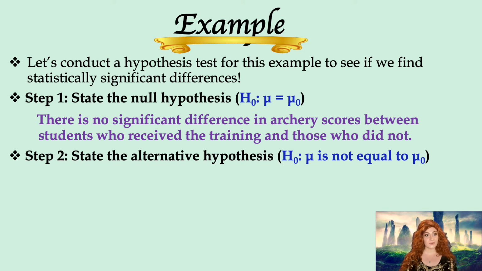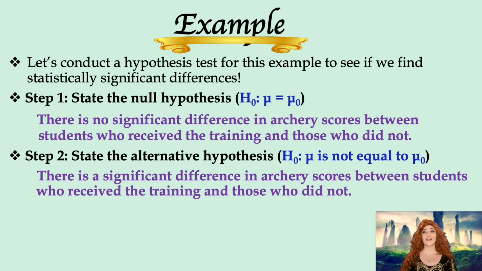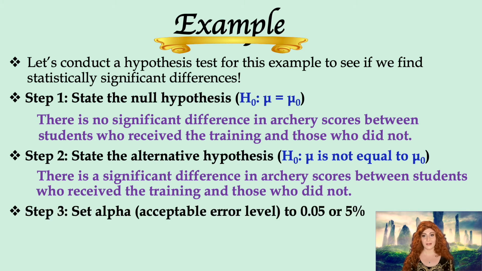So the alternative would say that the groups are not equal. In other words, there is a significant difference in archery scores between students who took my training and those who did not. Step 3 doesn't really require anything on the researcher's part, just to officially state the alpha error level that we're willing to accept, 5% error, so you set your alpha level to 0.05.